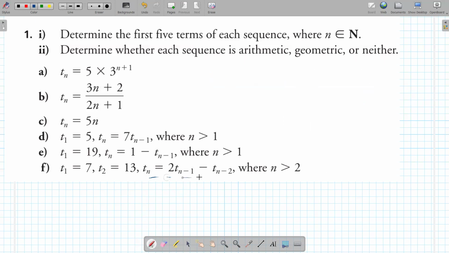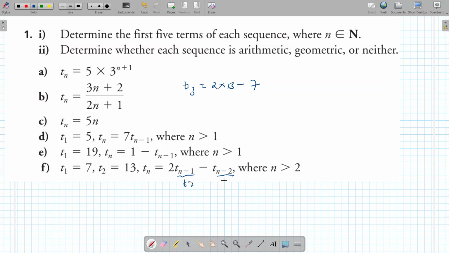Okay, for this one, the next term uses the previous two terms. So let's look at this. T3 is 2 times the previous term minus the term before.